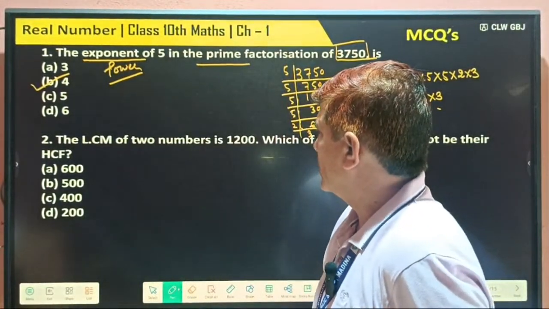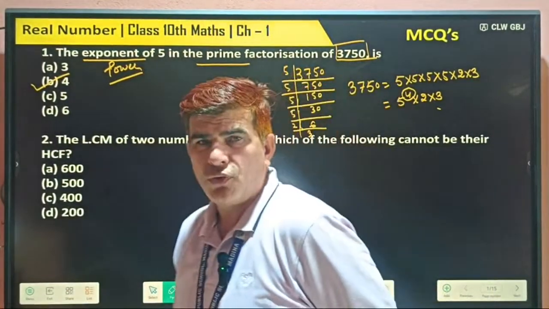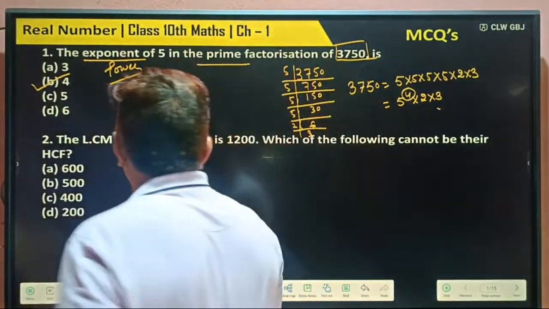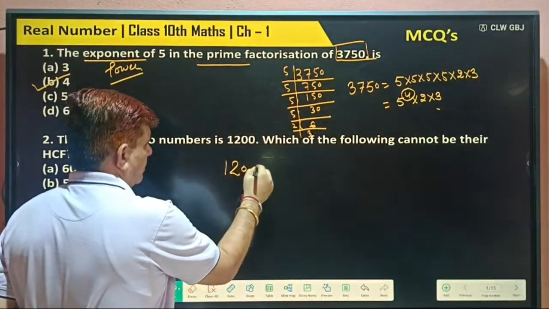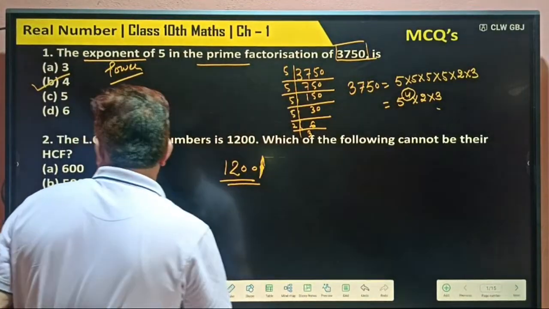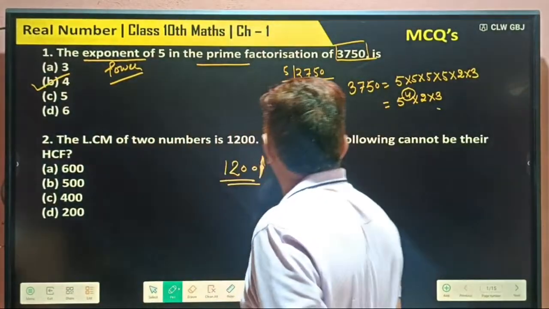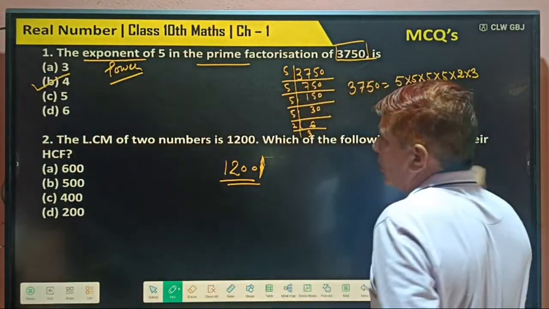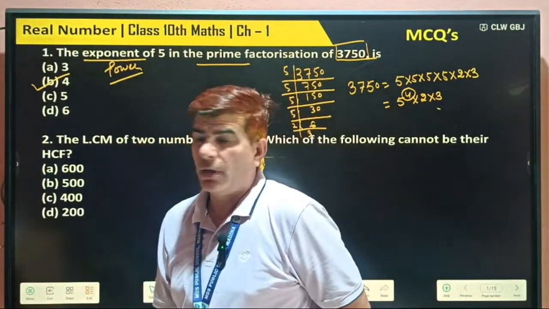The second question is: the LCM of two numbers is 1200. Which of the following cannot be their HCF? Understood?